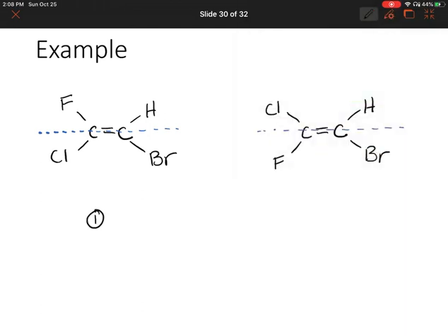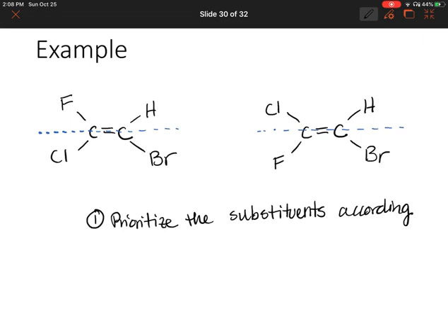So one, we're going to prioritize the substituents according to atomic number. But these substituents are attached to the same carbon.